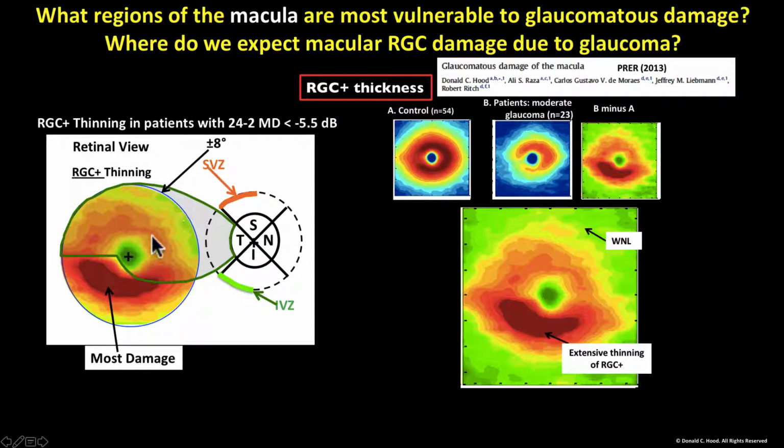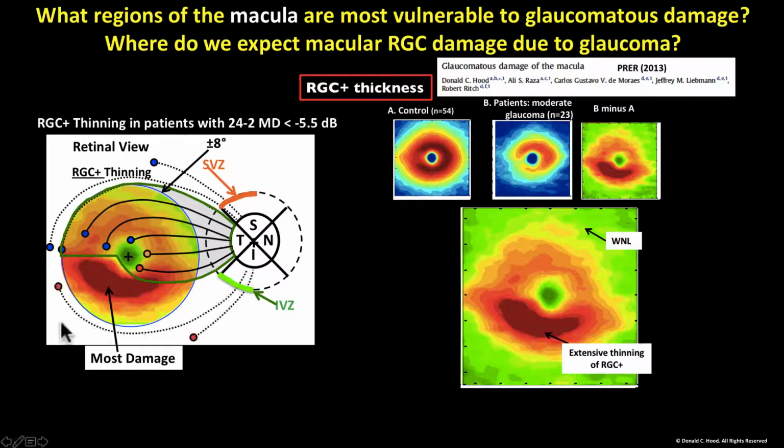This region here that's less vulnerable sends their axons into the temporal zone, by and large, or temporal quadrant, right? The axons up here, the ganglion cells up here, send their axons into the superior quadrant. This is your classic superior arcuate or inferior arcuate on the visual field. And this is also your classic arcuate, so that's very vulnerable.